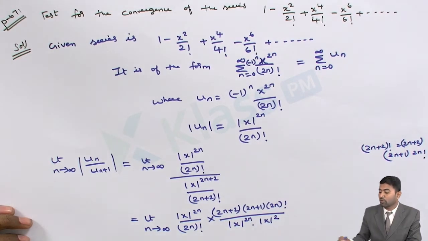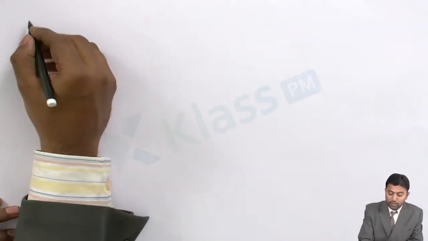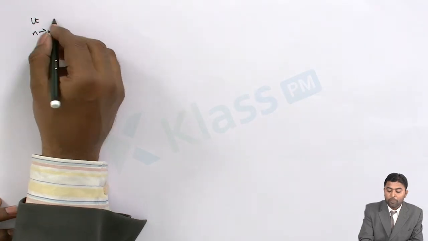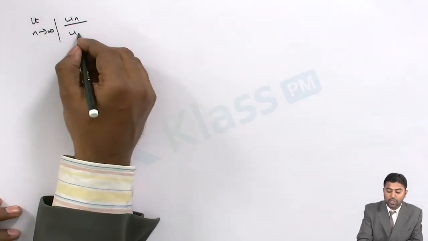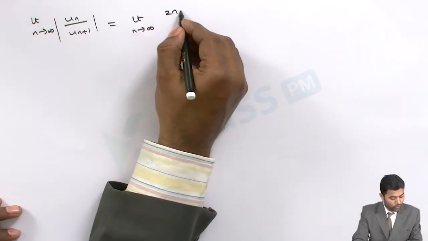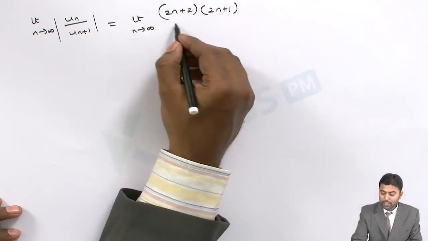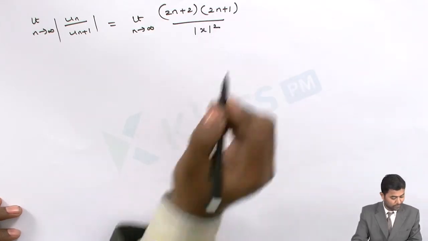Here I can cancel these terms. Limit n tends to infinity mod un by un plus 1 is equal to limit n tends to infinity 2n plus 2 into 2n plus 1 by mod x whole square.